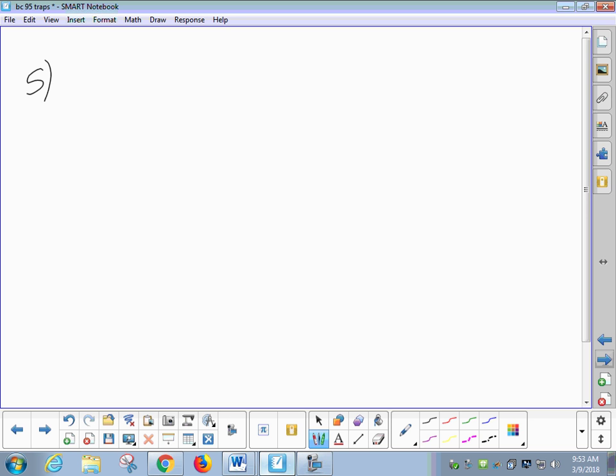Number 5 is the velocity function given, 8 pi cosine of 4 pi t plus pi over 2. They didn't ask about this in the last class. I don't know why. It was pretty rough. Time when it's at rest.